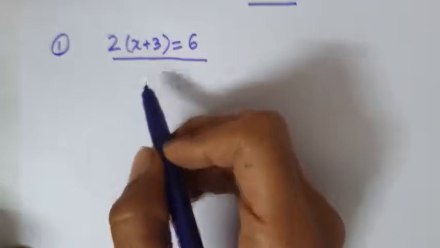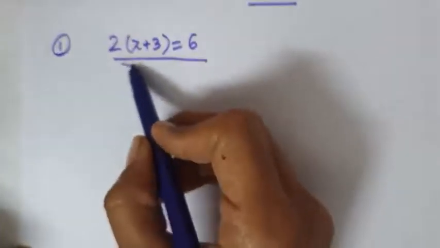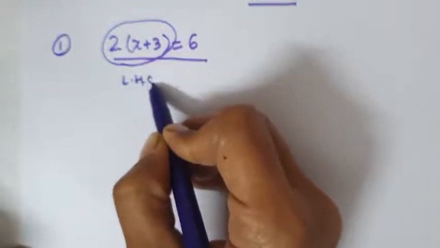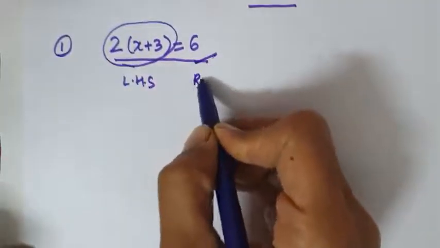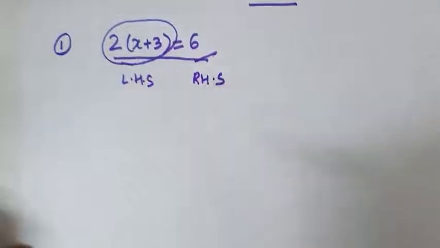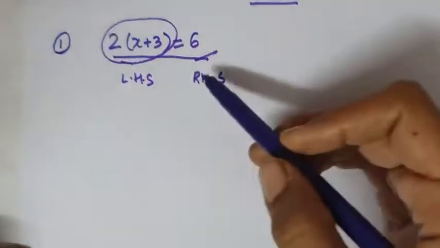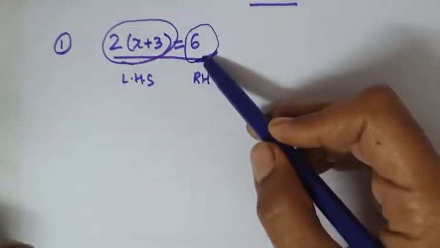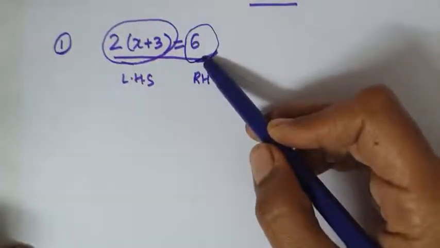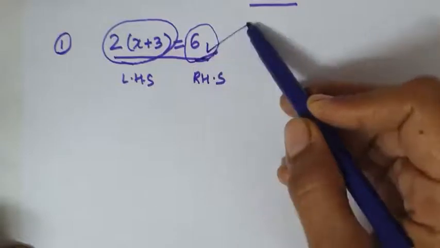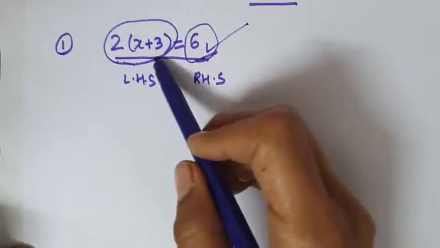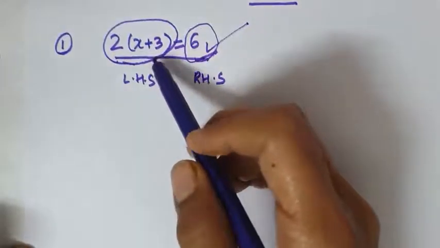First of all, always simplify the left hand side and the right hand side separately. Now you see the right hand side is only a single digit, so there is no need to simplify. So we will simplify only the left hand side.